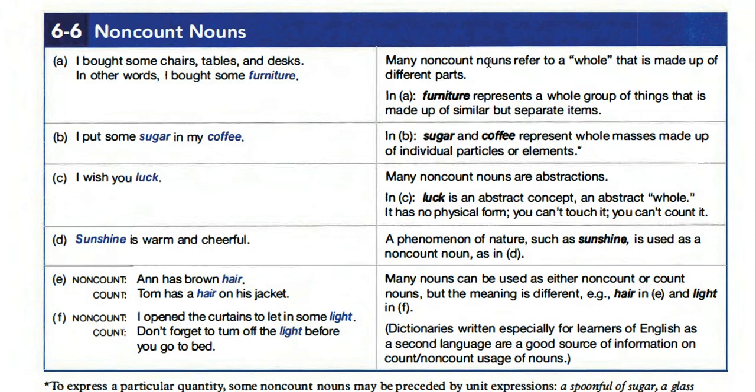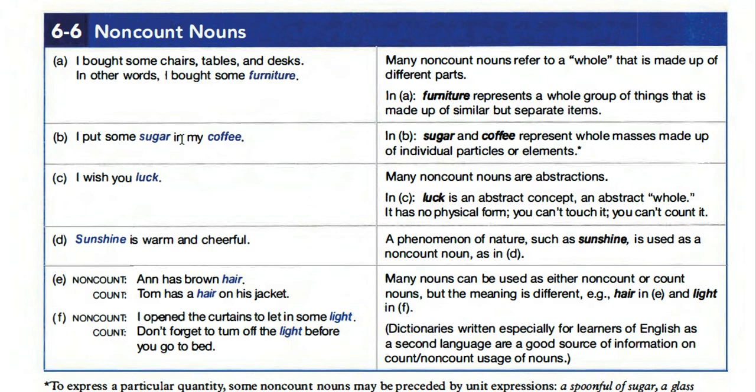Furniture, money. Many non-countable nouns refer to a whole that is made up of different parts. Furniture refers to a whole, maybe a home, that includes many items, the same point I emphasized in the previous lesson.